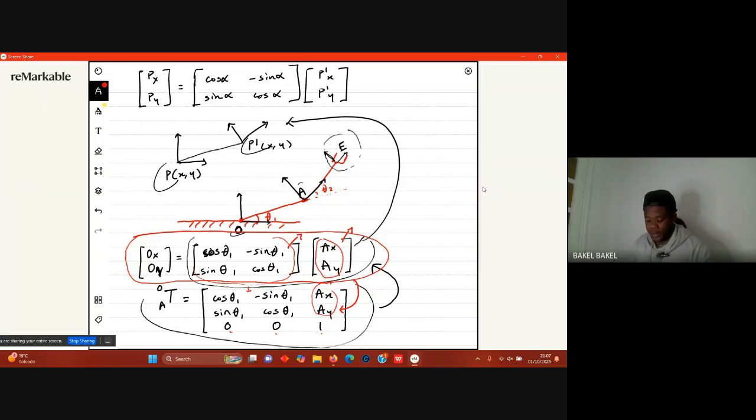So we are at this, and then there is O and A. This is the O side, this is the A side. The equation initially was, how do we define A with respect to O?